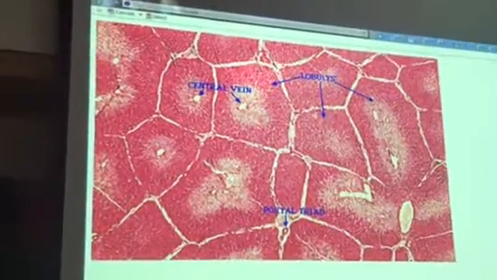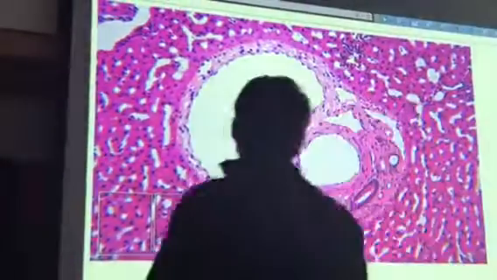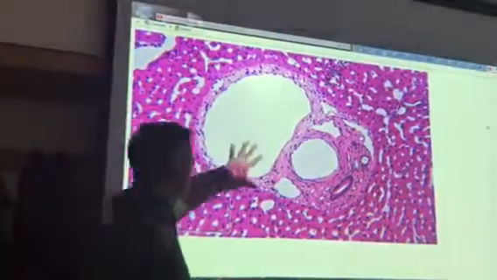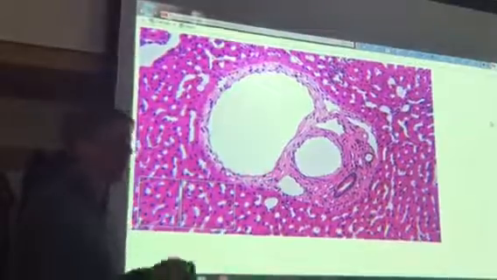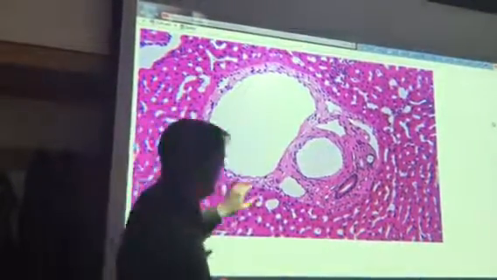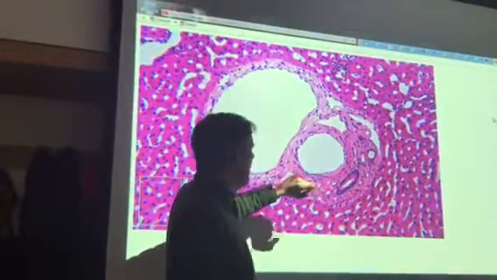Let me show you a super-duper close-up one though. So here's a super-duper close-up of a portal triad. There's three things you should be focusing on here. This big one, the biggest thing, is going to be the branch of the hepatic portal vein. Usually the next biggest thing is going to be the branch of the hepatic artery.